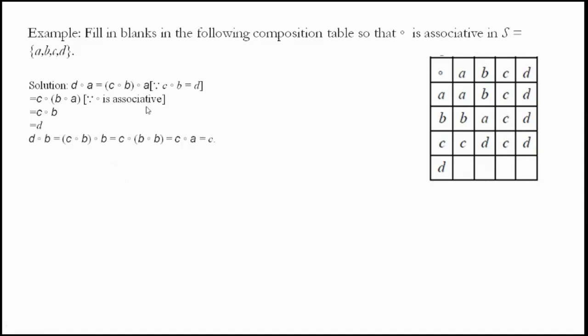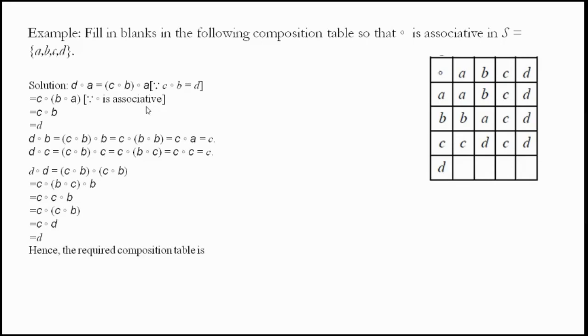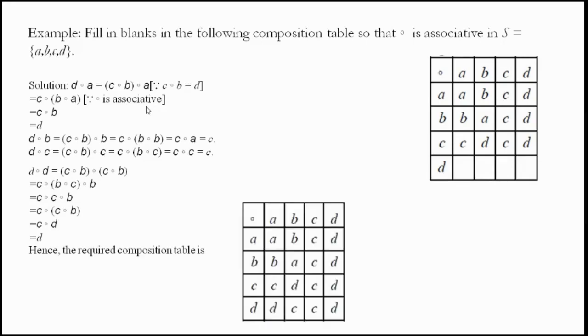Next you take D binary operator B. Like that you are supposed to take the expansion of D from the previous step and prove it is associative. Hence the required composition table is like this, and you will get the resultant row D, C, C, D.